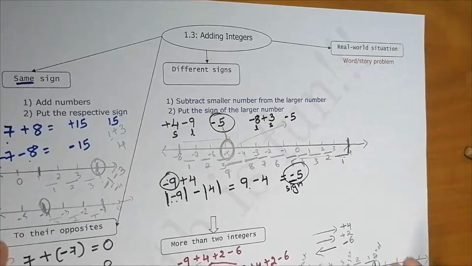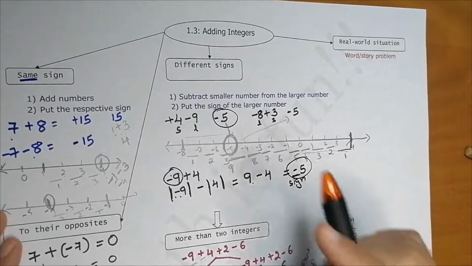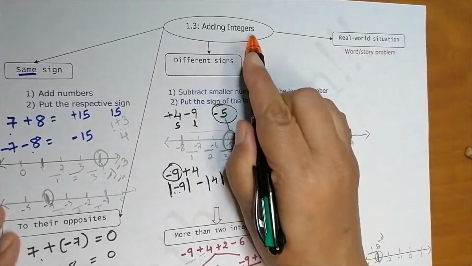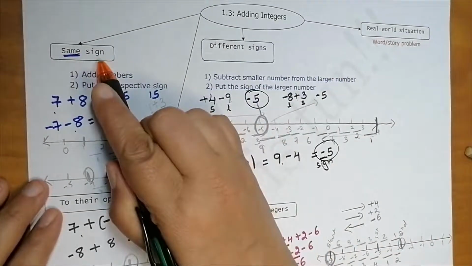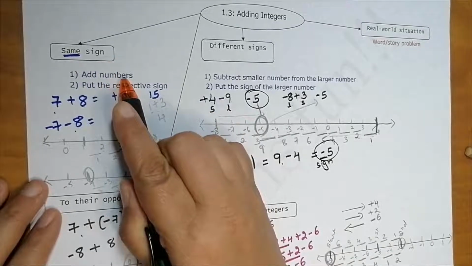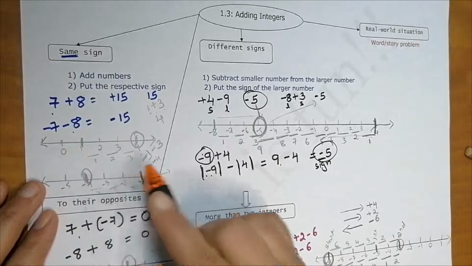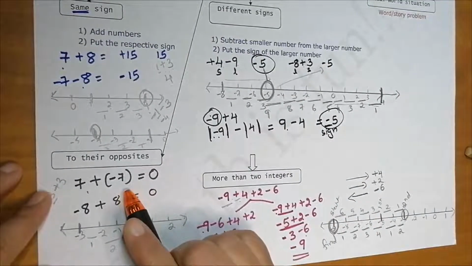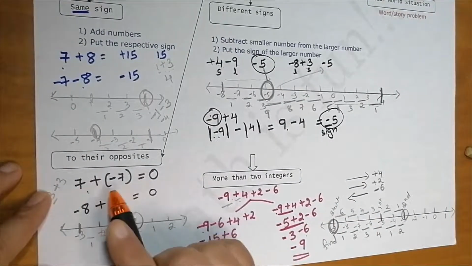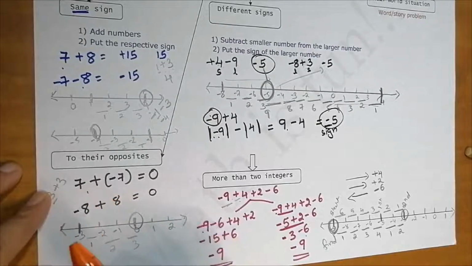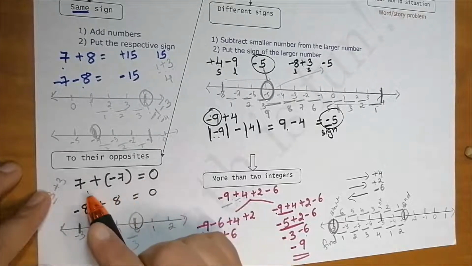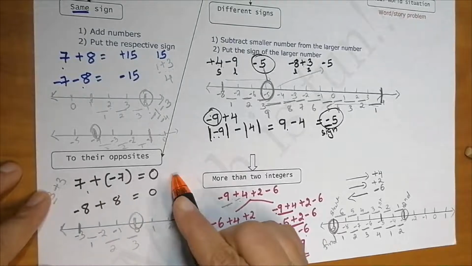So let's just quickly revise what this chapter is about. Adding integers with the same sign, add the numbers, put the respective sign. Then with opposites, you know that any number and its opposite, like 7 and minus 7, gives 0, right?